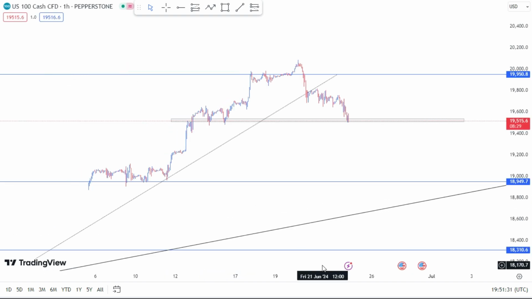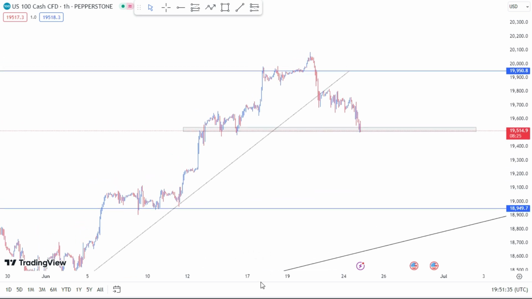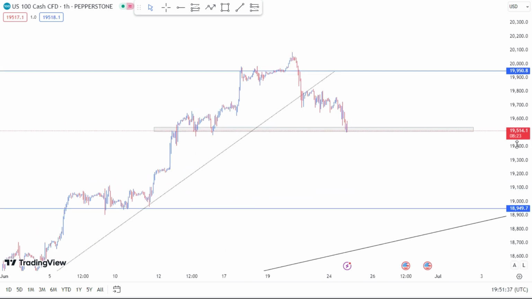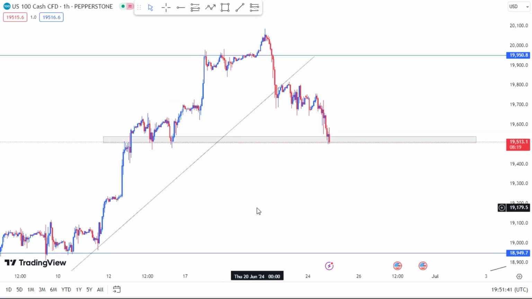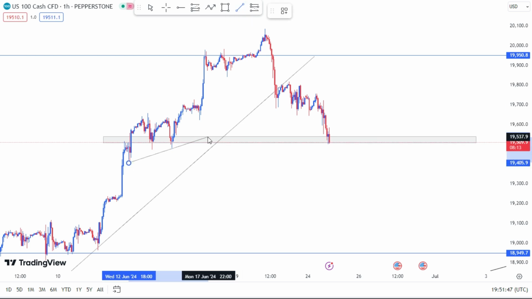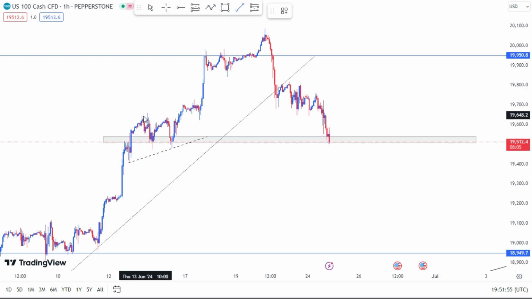Okay, let me zoom out fast. Before, we had this level over here, the trend line over here. I'm going to use the dashed lines over here so it doesn't cause confusion, on the upper side as well.